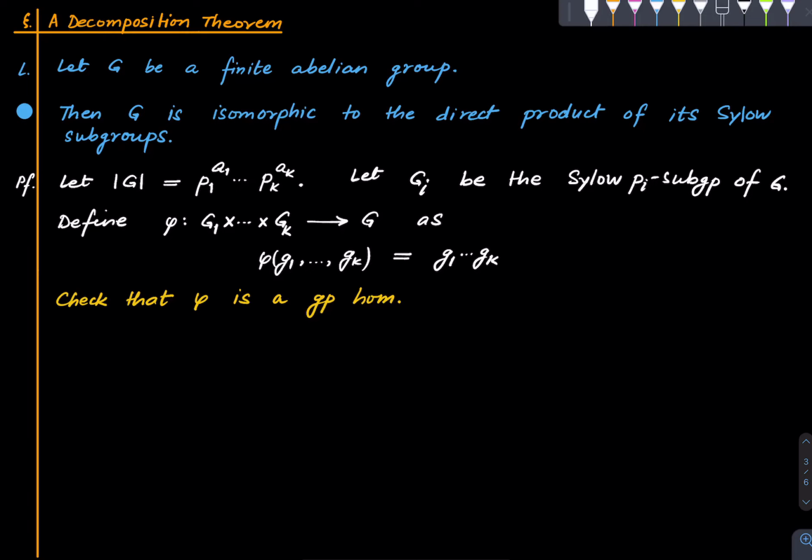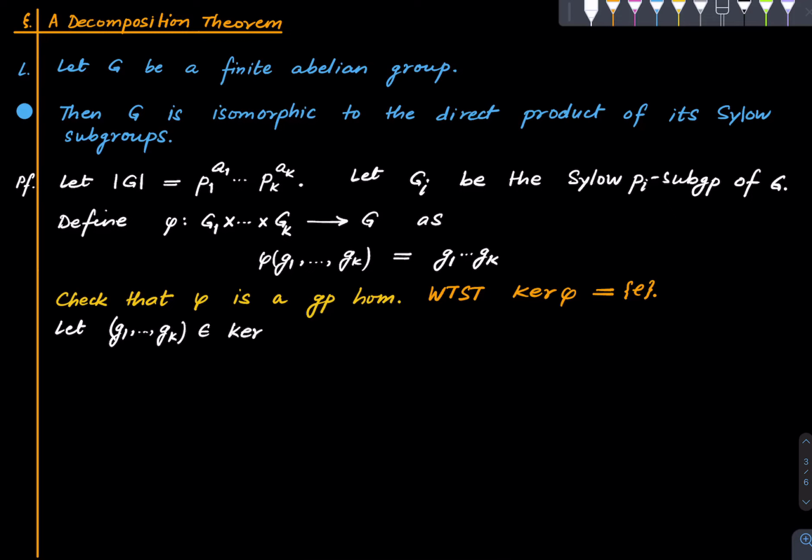So we will show that the kernel of phi is trivial. All right, so let's say (g1, up to gk) is in the kernel of phi.